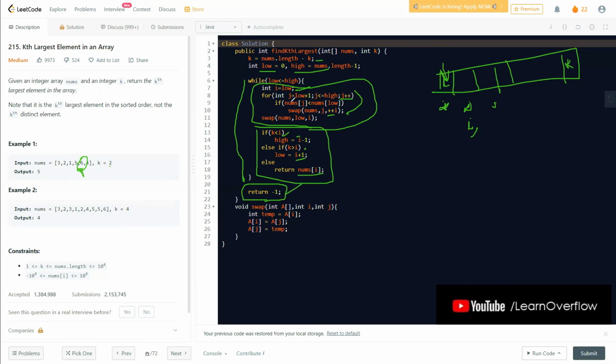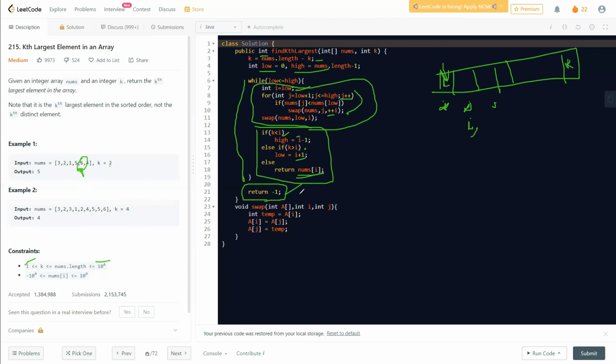If the question goes exactly as it says, k will be from 1 to 10 to the power 4, so this won't happen. But since we have a return type over here, and our compiler won't run without a final return statement, and this return value is within our while statement, once the while loop breaks, we need to give some return statement. So we just give a dummy return statement, you can say.